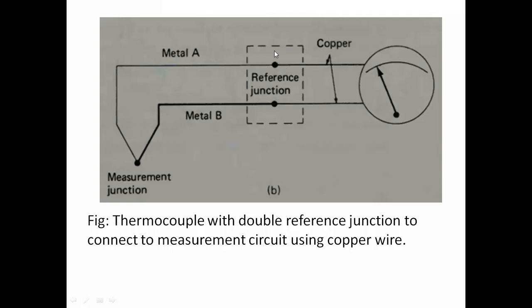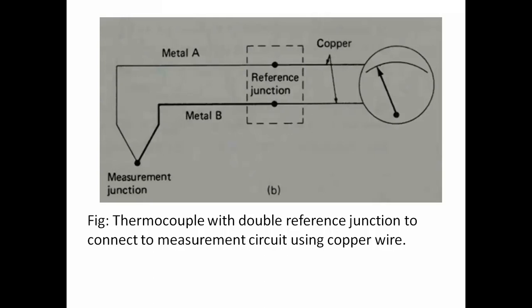Again, a potential difference will occur. So like this, again we have to produce the error. That's why we use this reference junction, maintaining the same temperature. Then while connecting the copper wire to these two points, both temperatures are the same.